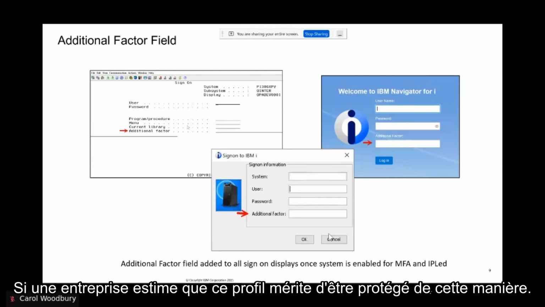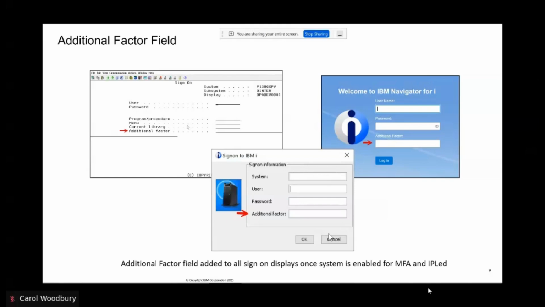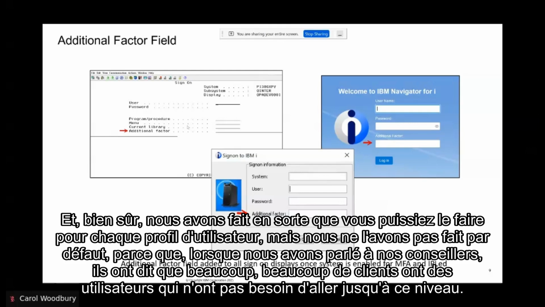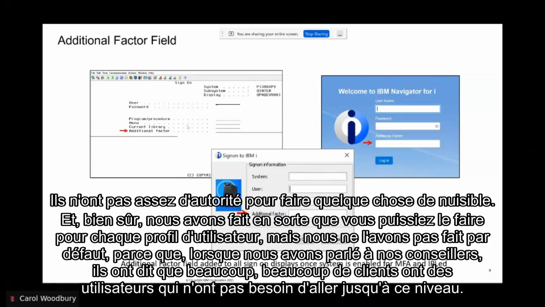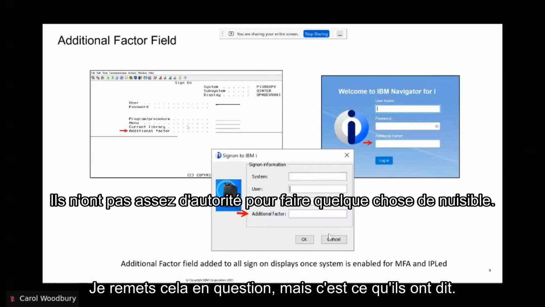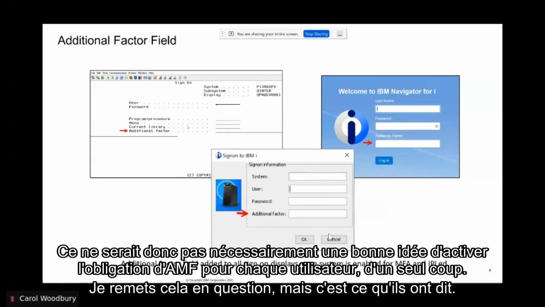And of course, we made it so that you could do it to every user profile, but we wouldn't have that by default because as we talked to our advisors, they said many customers out there have users who don't need to go through that level. They don't have enough authority to do anything harmful. I question that, but that's what they said. So it wouldn't necessarily be a good idea to turn on the requirement for MFA for every single user all at once.